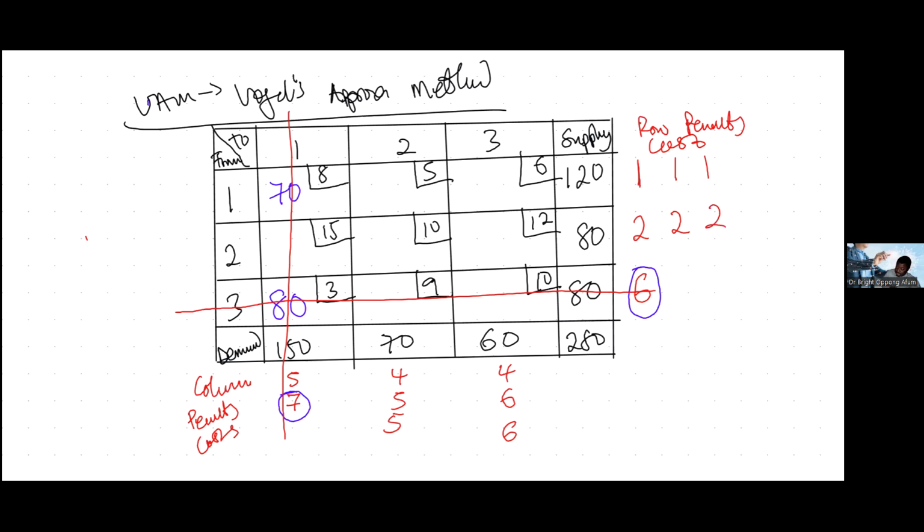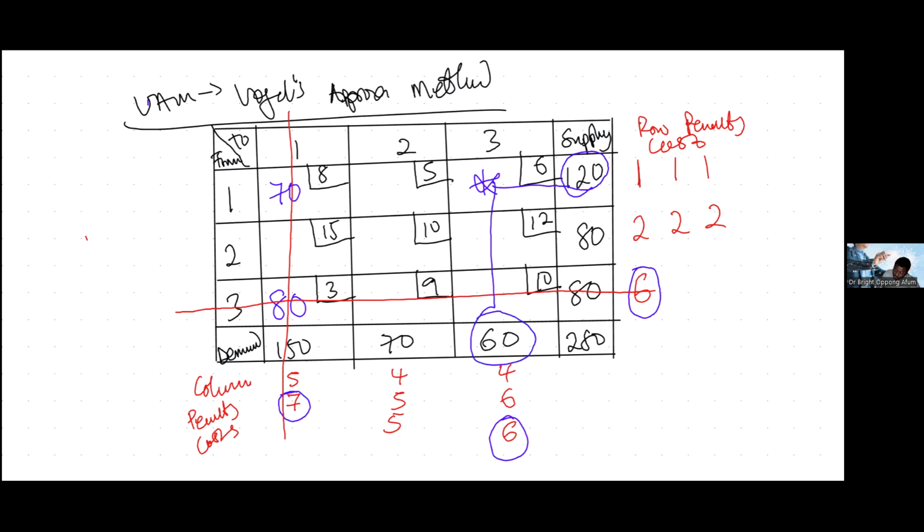So at this section, what is the largest penalty cost here? That is 6. Means that we have to allocate in column 3. So we come to column 3 and we find the lowest cost, which is 6, right? That is this region. So how much can we allocate here so that we satisfy this 120 and we also satisfy this 60, right?